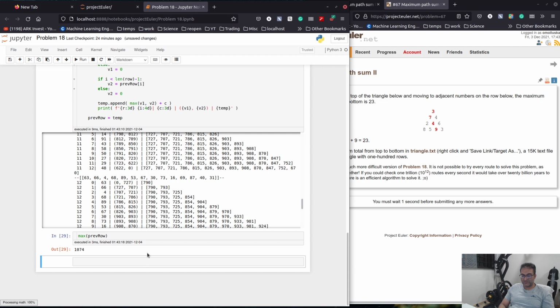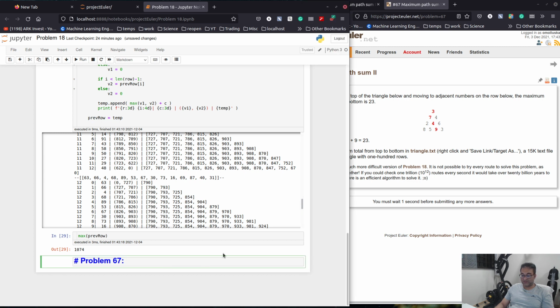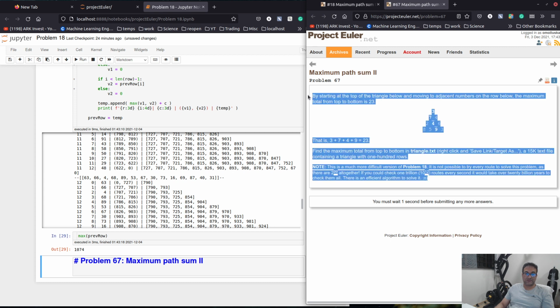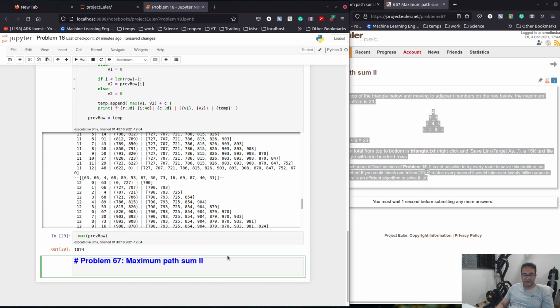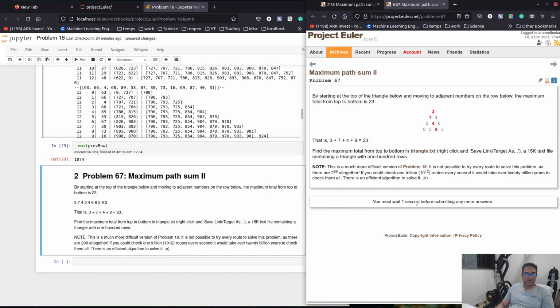Let us also solve this problem. Okay, because apparently you get 2 birds with 1 stone. Okay, so it's like that, and find the maximum total.